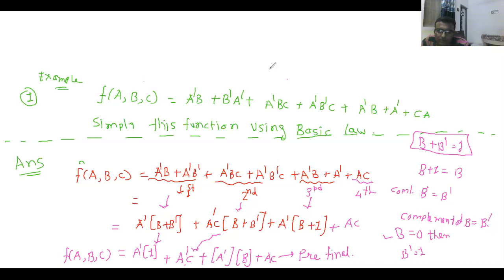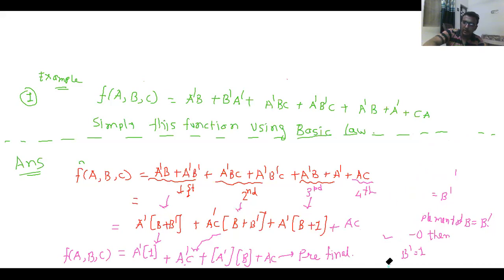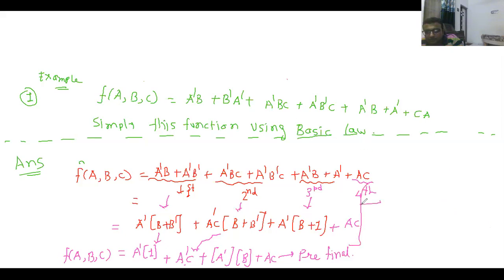Now I have erased this portion. So the last expression, f of a comma b comma c equal to A dash plus A dash C plus A dash B plus AC.